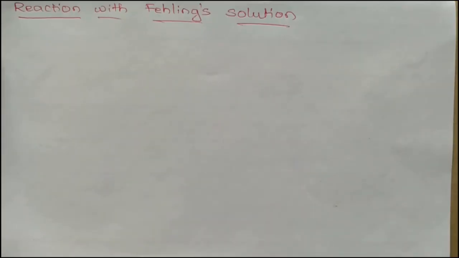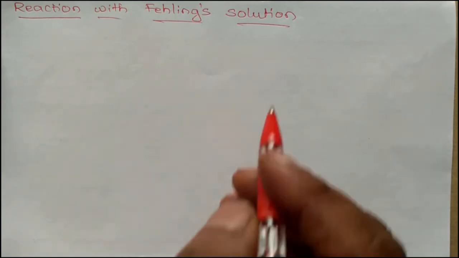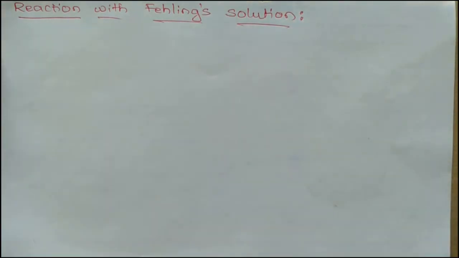Now we'll discuss the reaction of aldehydes with Fehling's solution. When aldehydes are heated with Fehling's solution, you are going to get a red precipitate of cuprous oxide.